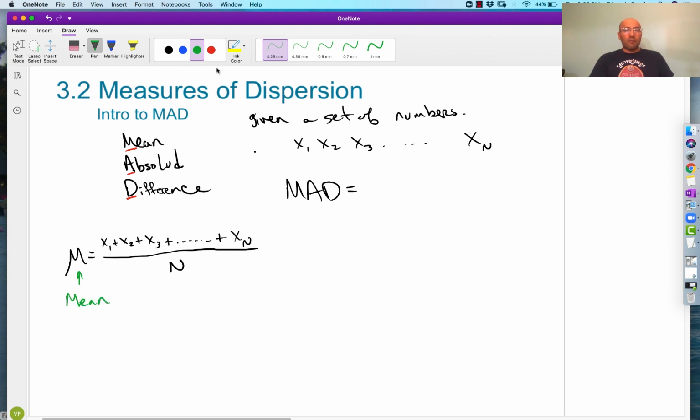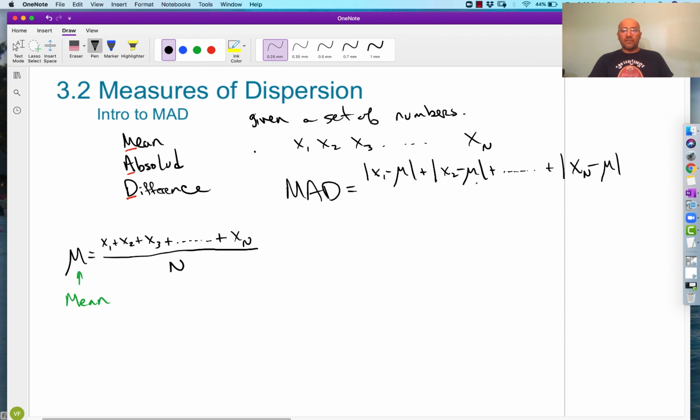Once you find the mean, now you have to find MAD. So now what you got to do is take the first number and subtract the mean. And then to guarantee we get a positive answer, we slap it with absolute values, plus the next number minus the mean, slap it with absolute values, plus dot, dot, dot, keep going. Do that for all the numbers. And so the last number should be this one, minus the mean.